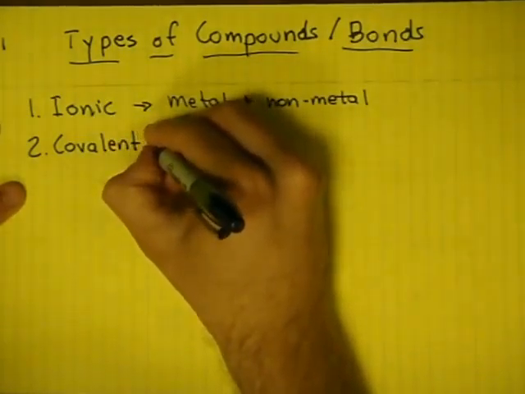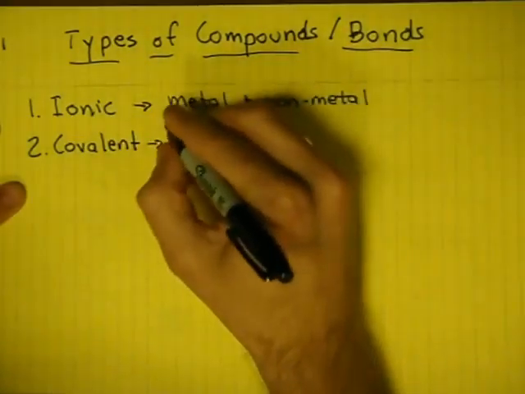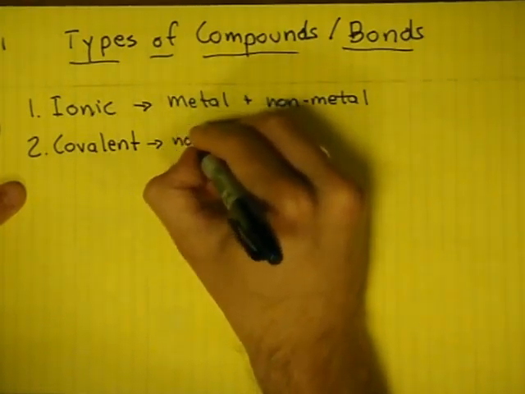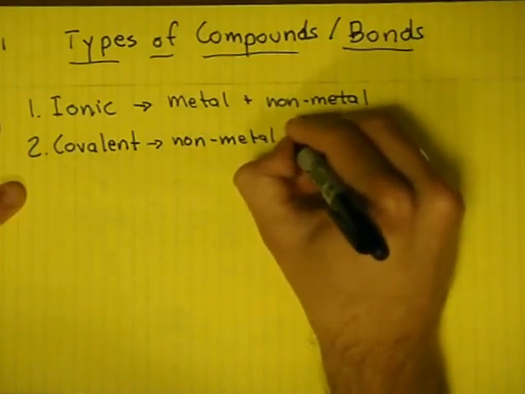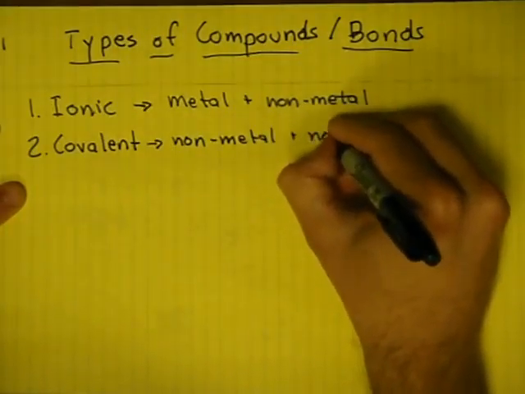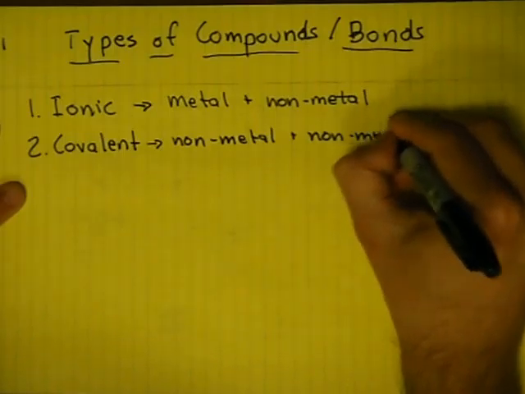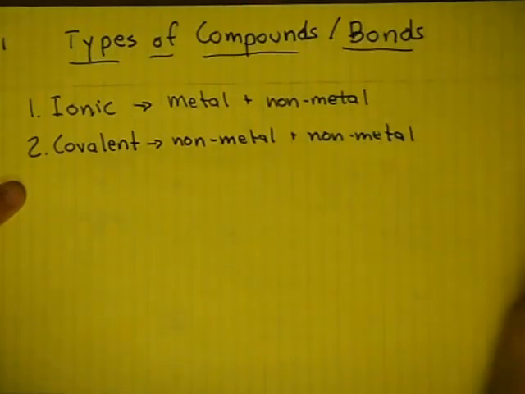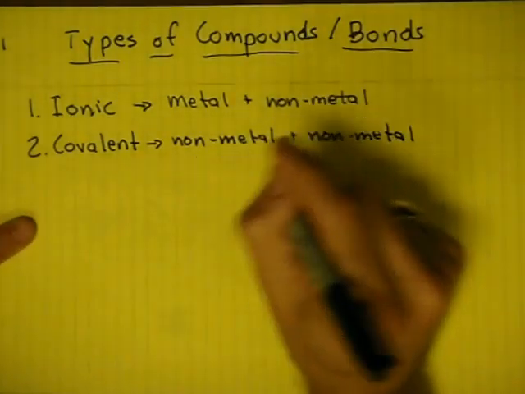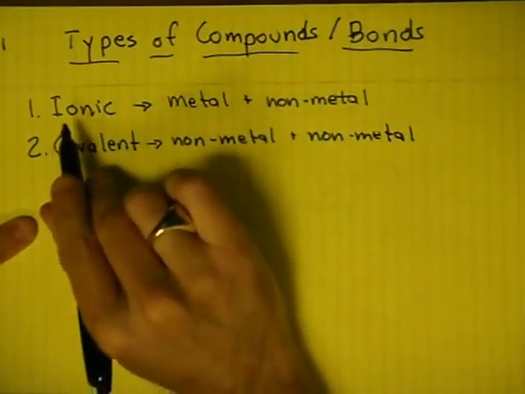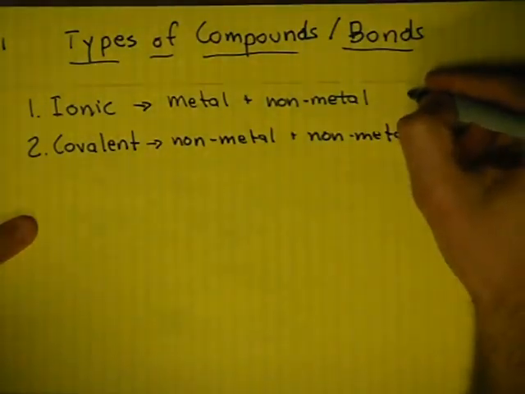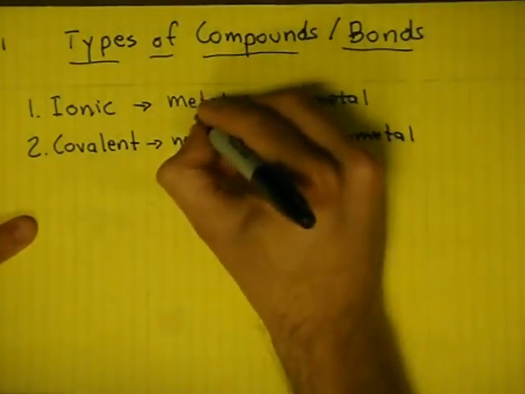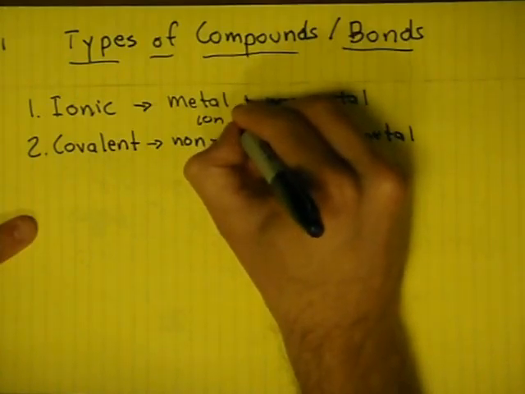With covalent, we have non-metal plus non-metal. And with ionic, so it's metal and non-metal, or also ion plus non-metal.